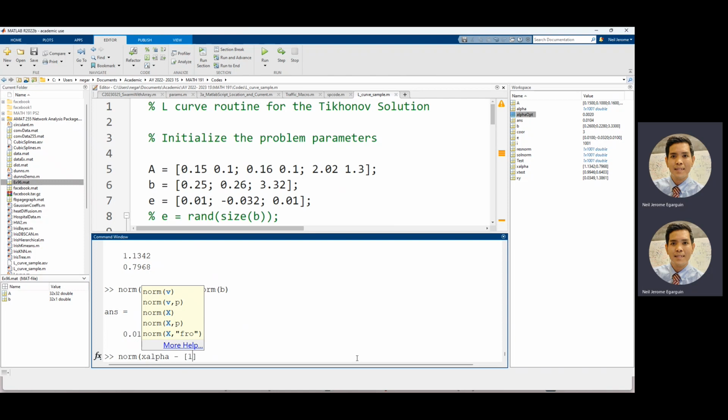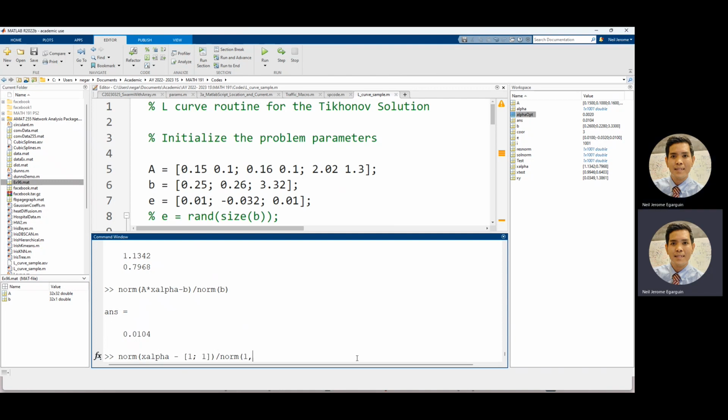Remember, the actual solution is 1, 1. So I'll just type that in here, and then I'll divide it by the norm of the vector 1, 1, and then I'll get 0.1722. So meaning the 1.05% noise caused a 17% change in the solution that we obtained.